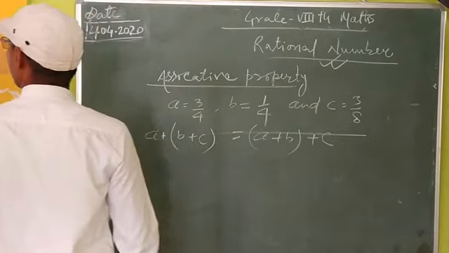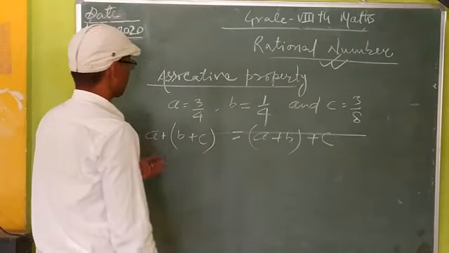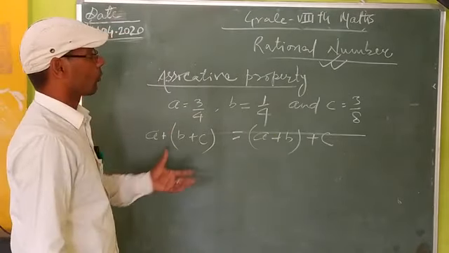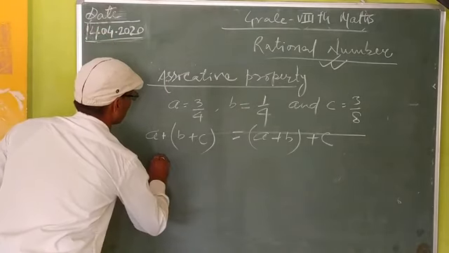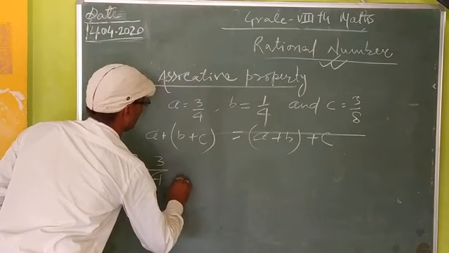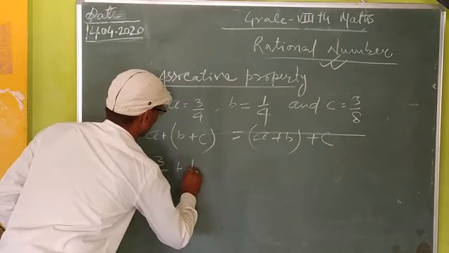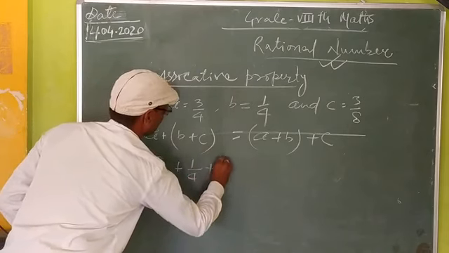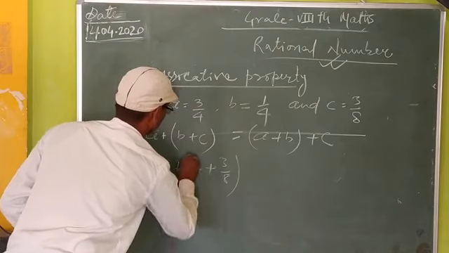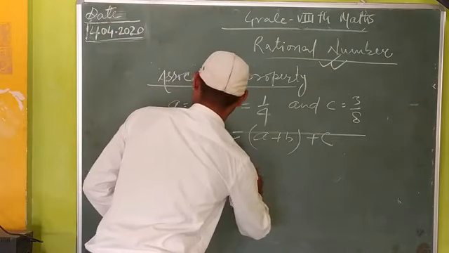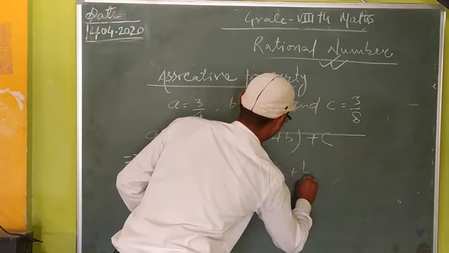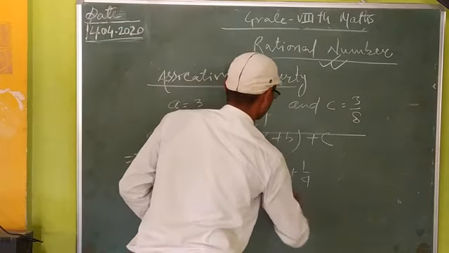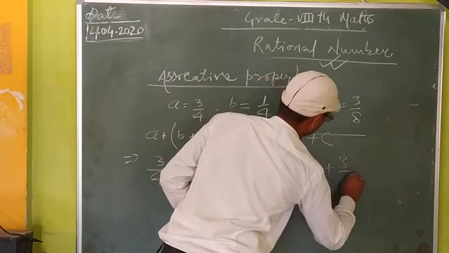Just we are going to put the values: 3/4 plus 1/4 plus 3/8, and here also 3/4 plus 1/4 plus 3/8.